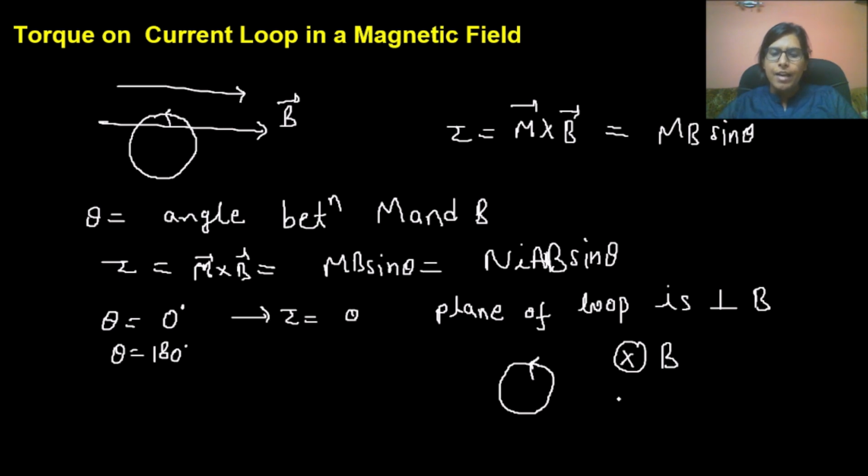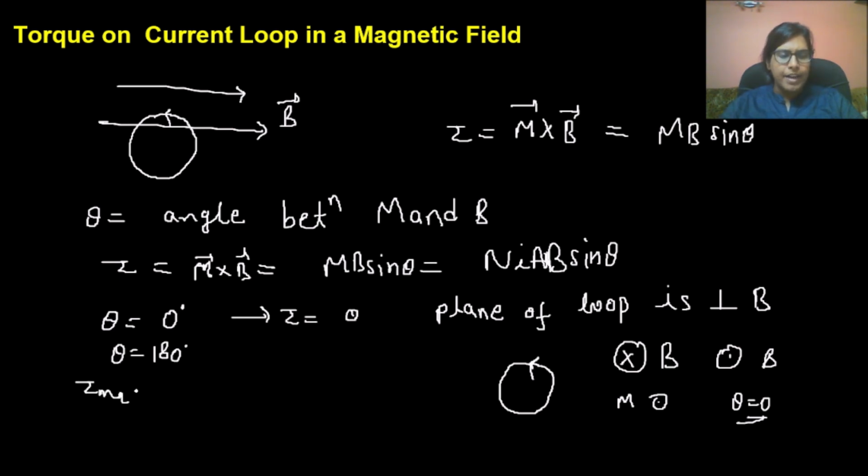Here M will be in the direction outside the paper, so here we can see the angle is 180 degree. If the magnetic field was outside the paper, then the angle will be 0 degree here, right? So if the plane of the loop is perpendicular to the magnetic field, then the torque will be 0, right?